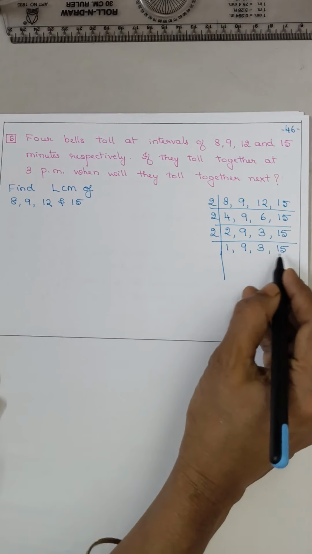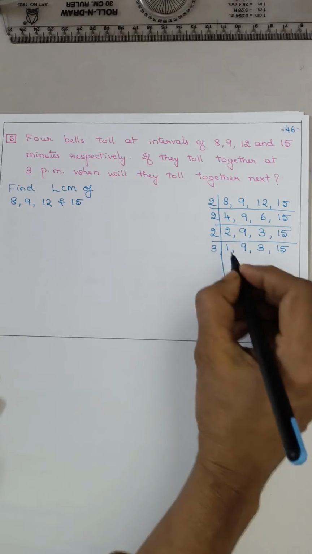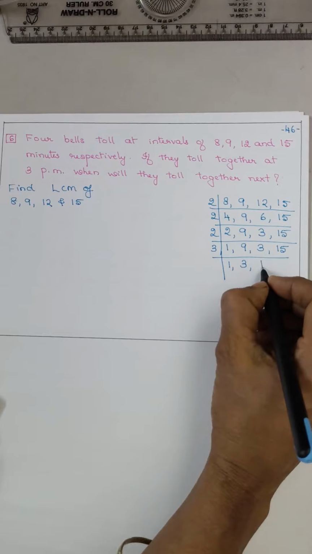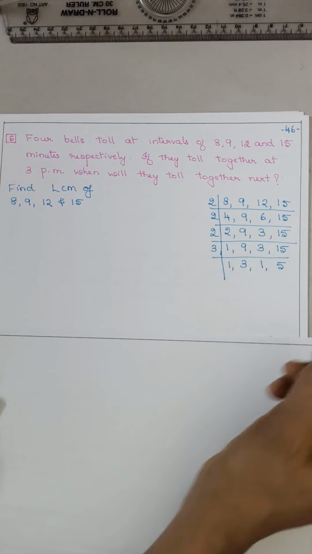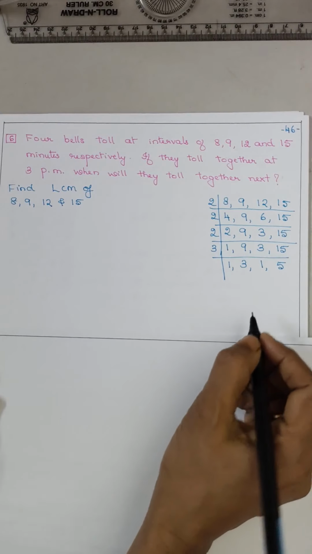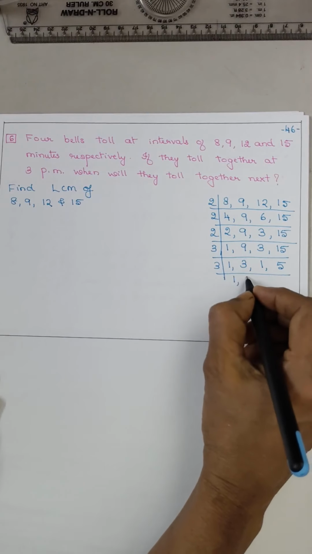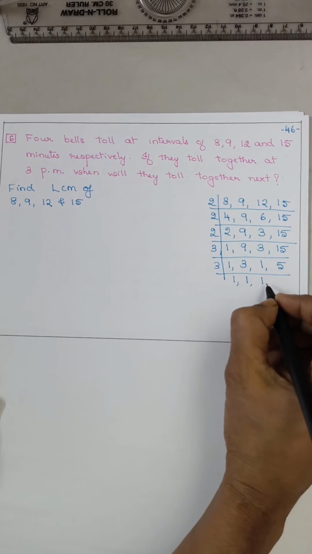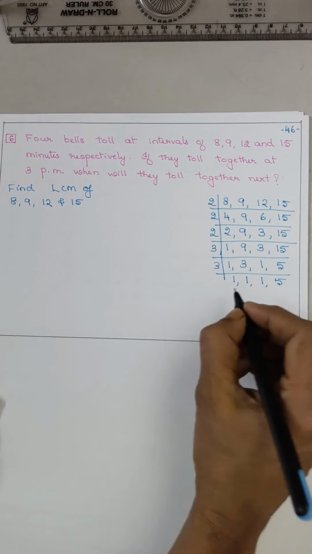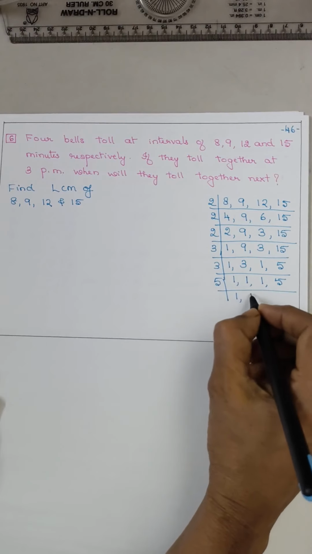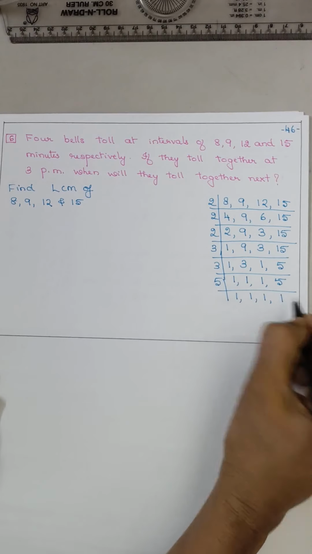Now next is 3, isn't it? 3, 3, 1 as it is, 3 3s are 9, 1s are 3, 5 as it is, 5s are 15. Now again 3, 1 as it is, 3 1s are 3, 1 as it is, 5 as it is. Now 5, 1, 1, 1, 5 1s are 5.